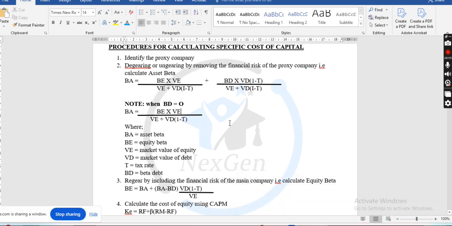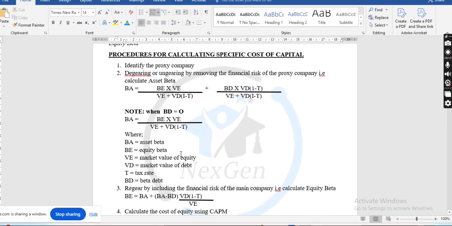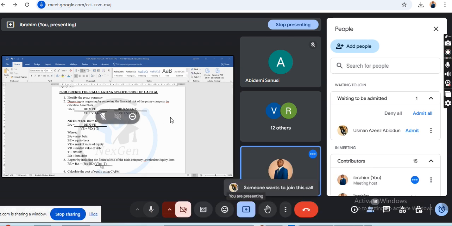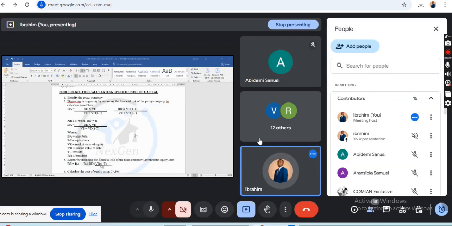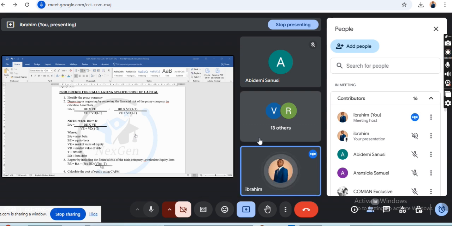Just a minute. Okay, now we are in equity beta. Equity beta measures business risk as well as the financial risk.